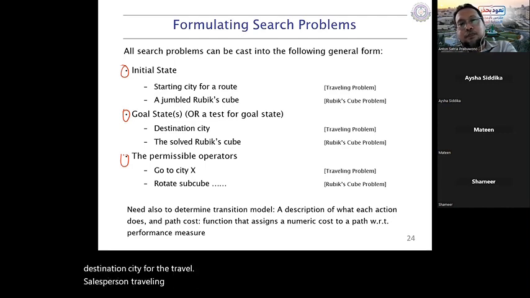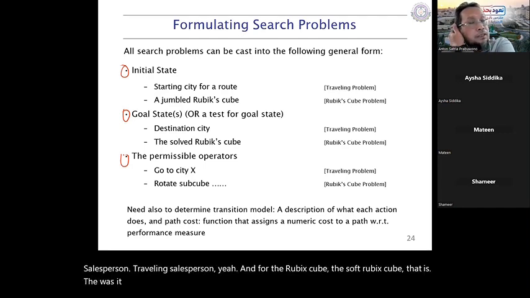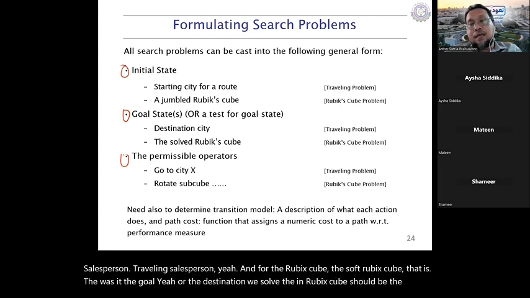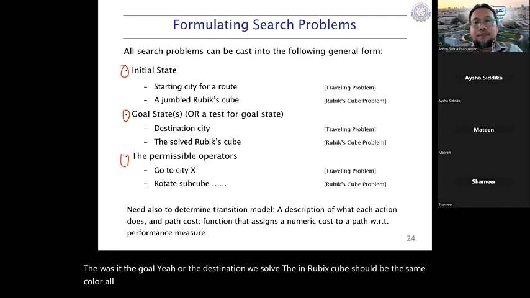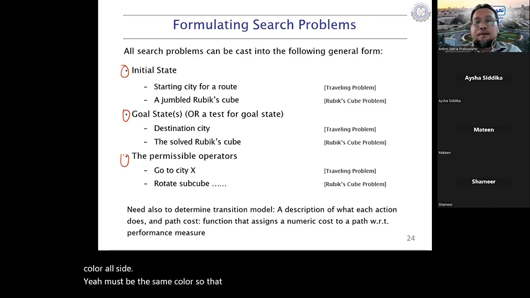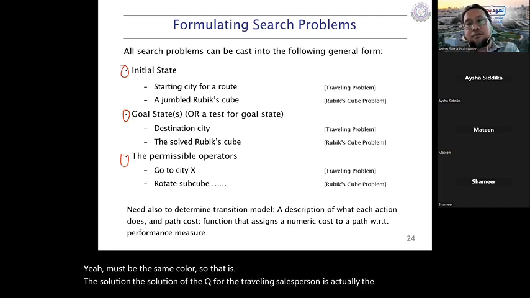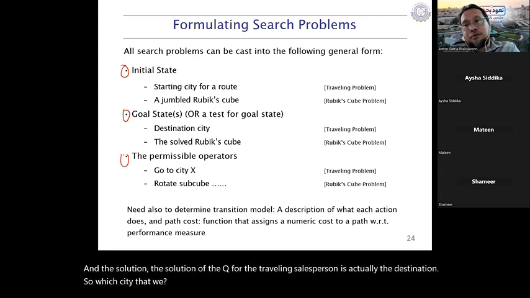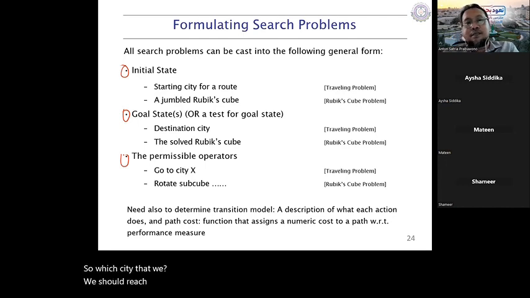And for the Rubik's cube, it is to solve the Rubik's cube. If solved, in a Rubik's cube all sides must be the same color. That is the solution of the Rubik's cube. For the traveling salesperson it is the destination, which city we should reach.